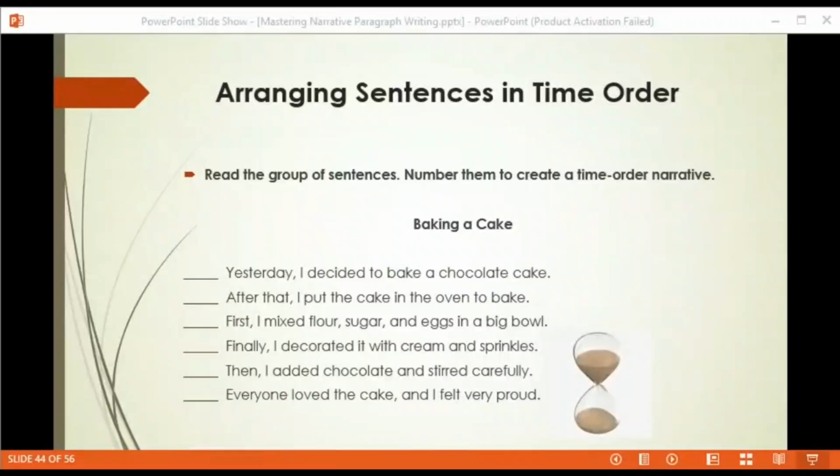What is the first sentence? Yesterday, I decided to bake a chocolate cake.